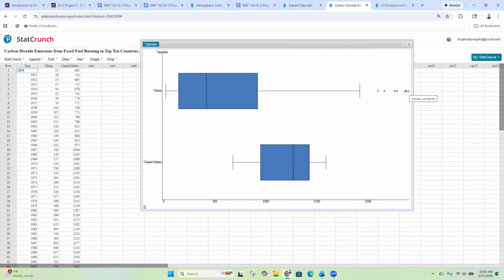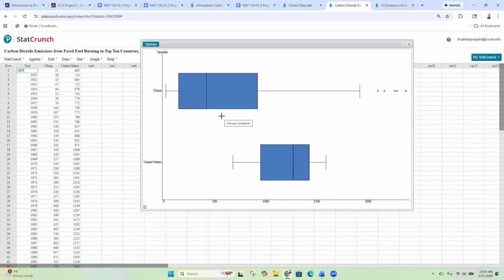Anyway, you can see that there have been a few months where China was higher than the US in terms of carbon dioxide production. The US is much more grouped together. Basically, over time, the US has been putting out more CO2 than China, but it hasn't changed a lot. It's been pretty consistent.